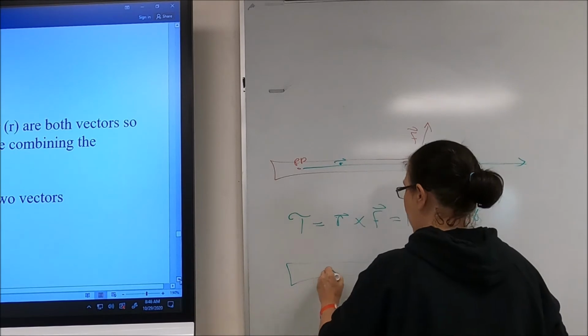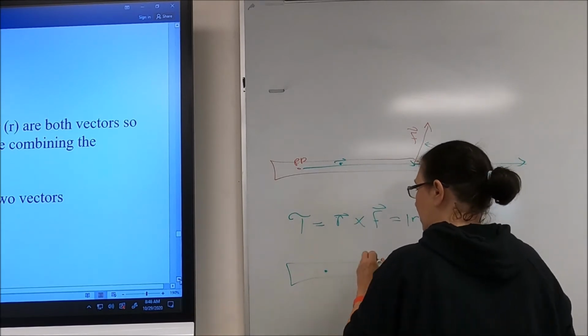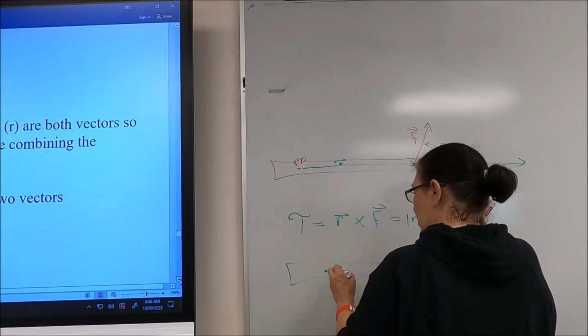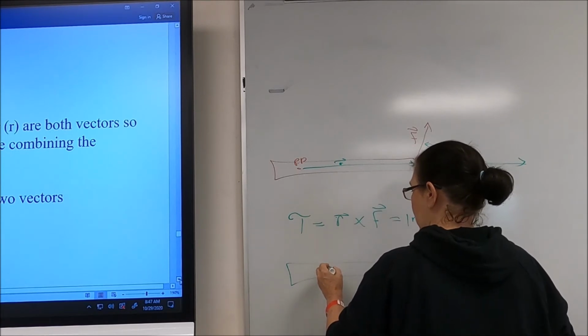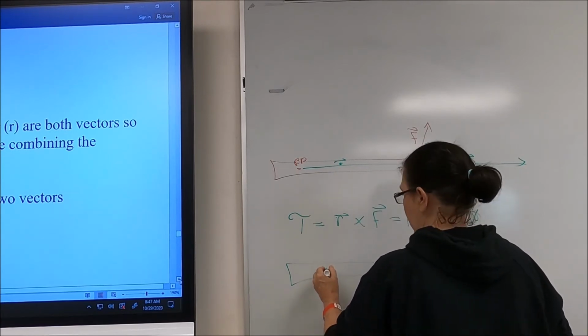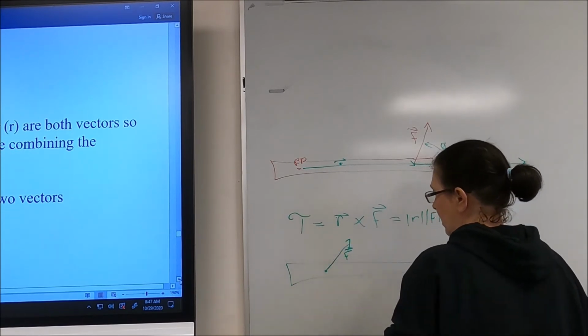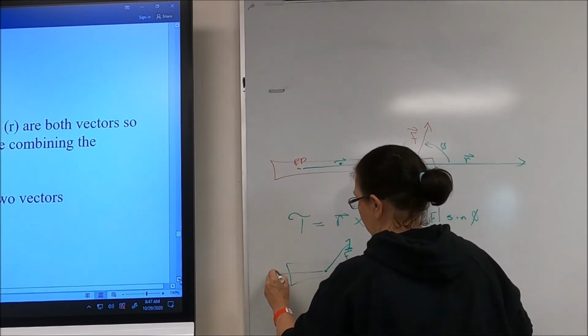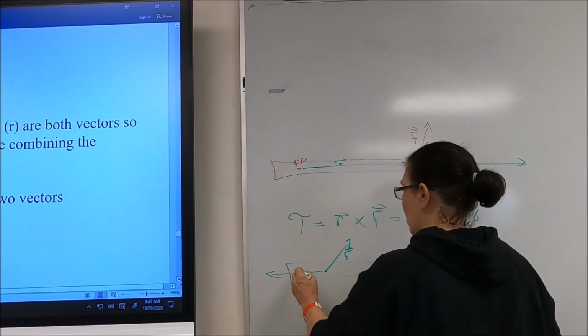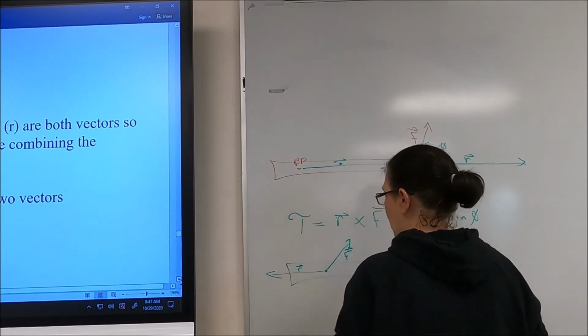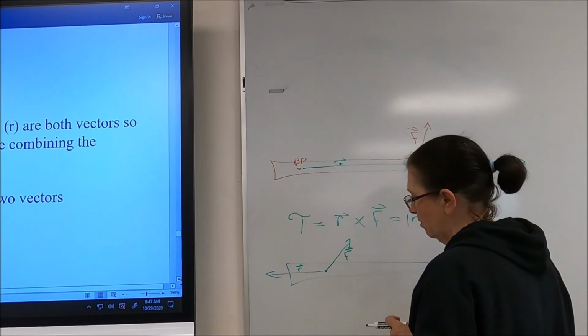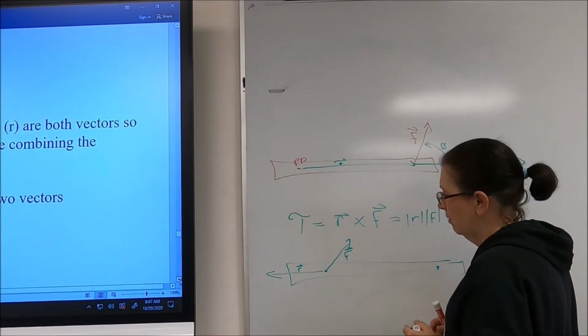If I had a pivot point here, and I had a force F here, and my extender line here, R. Okay?